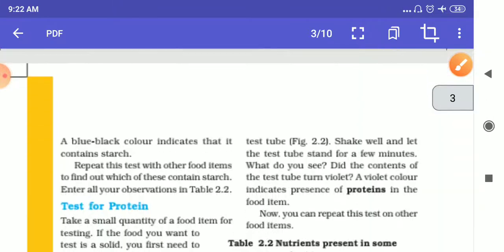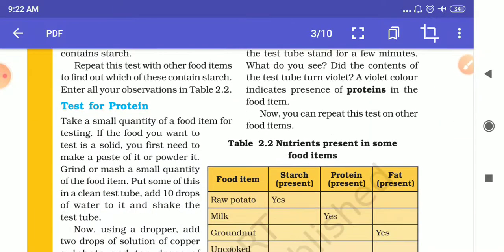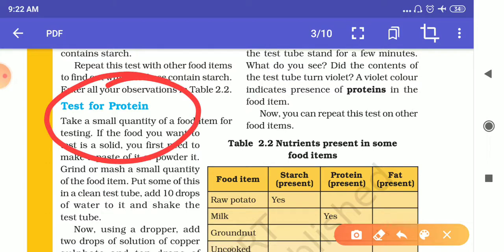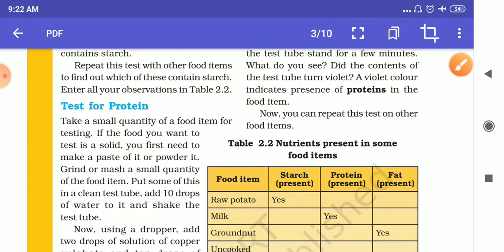We can test the presence of protein, we can test the presence of sugar. All these nutrients can be tested. For these tests, we require some chemicals that we can use in our laboratory.